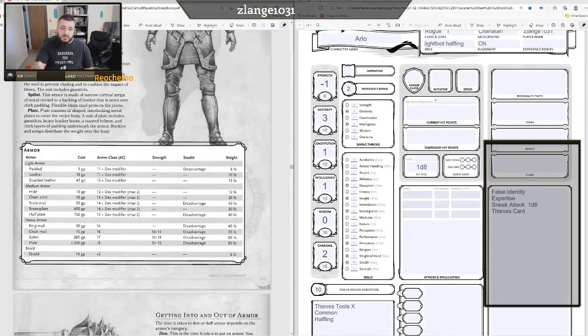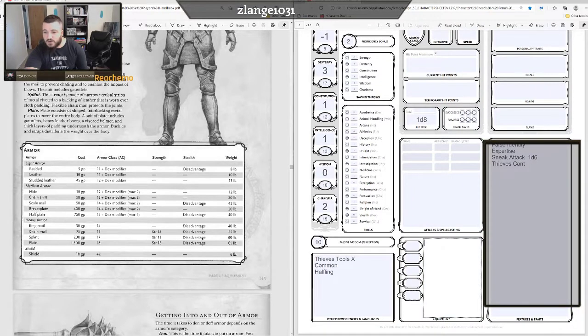So it's your 12 plus your dex modifier. For all intents and purposes, we'll go with leather armor, because starting equipment, leather armor.